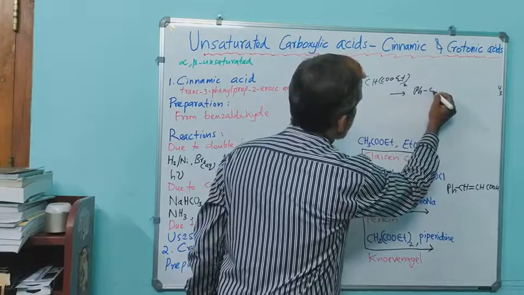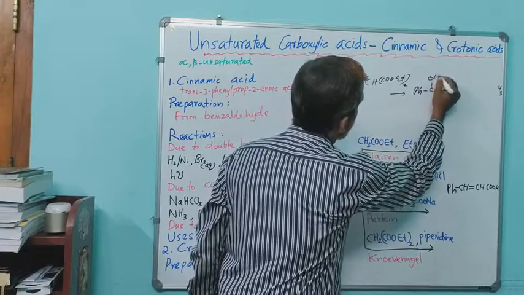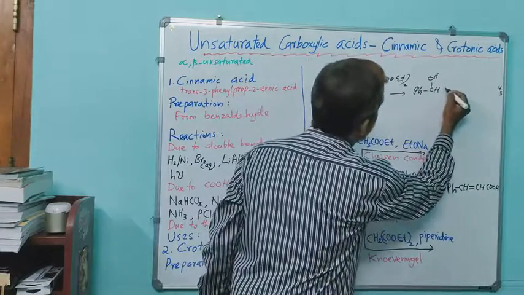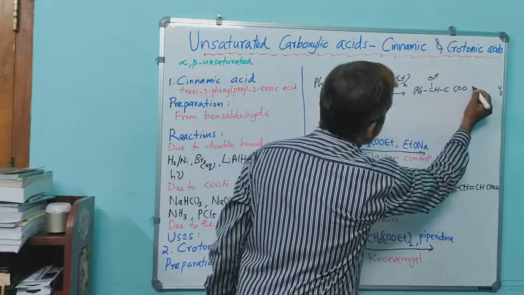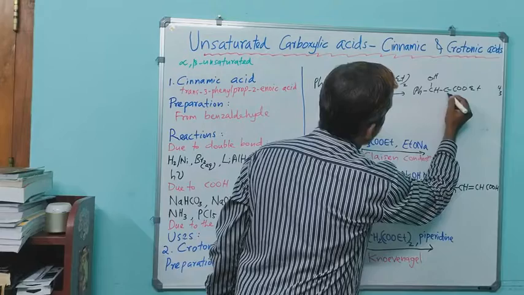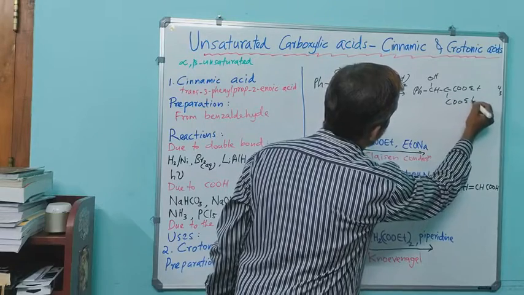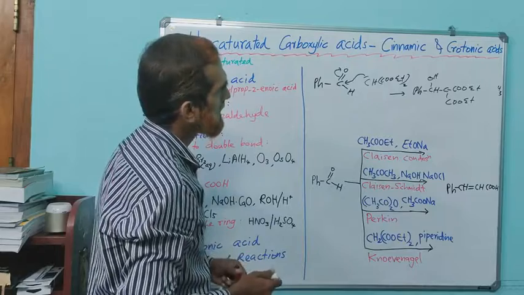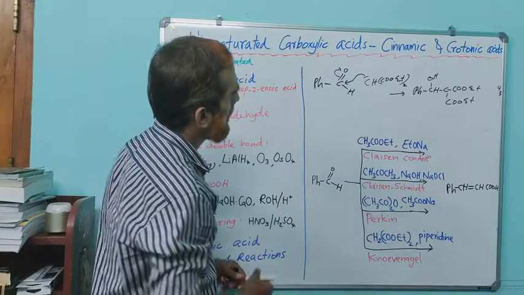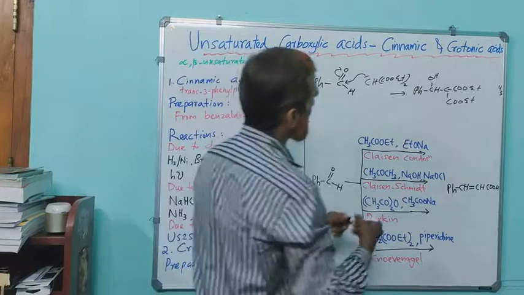It becomes CH, OH. Okay, and this will be C, COOEt. I am writing these two separately. There are two COOEt separately written. What next? Sorry, there is one H here, isn't it?